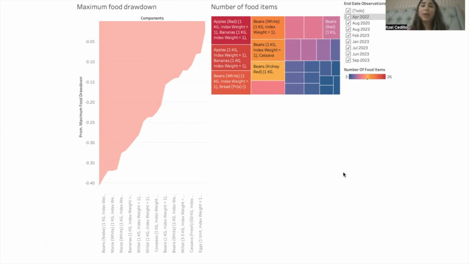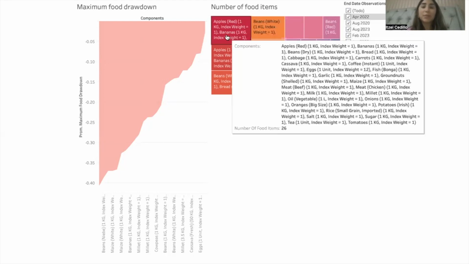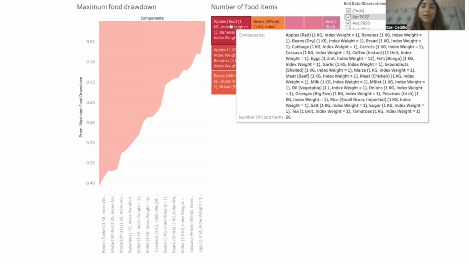And finally, our number of food items, we can see that apple, bananas, beans, bread, cabbage, carrots, cassava, coffee, etc. were the food items that were the most in every country.